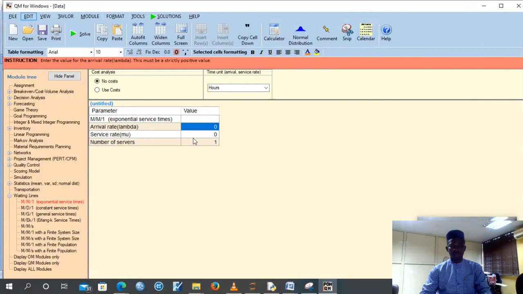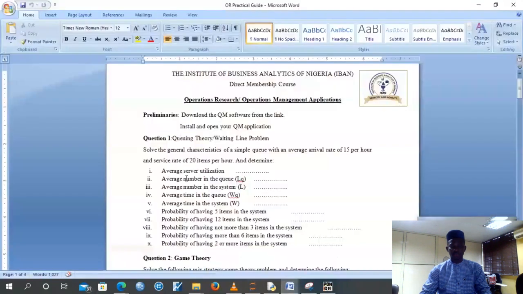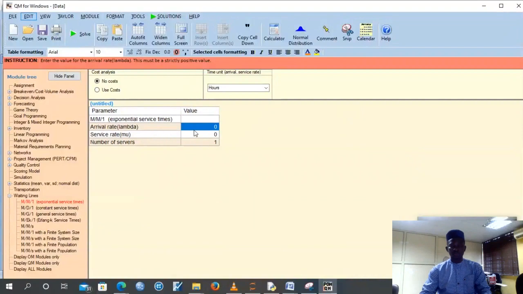Then there will be opportunity for us to type. We have arrival rate and service rate. The arrival rate here is 15. Let's confirm: the arrival is 15, then service 20. So arrival 15, service 20.